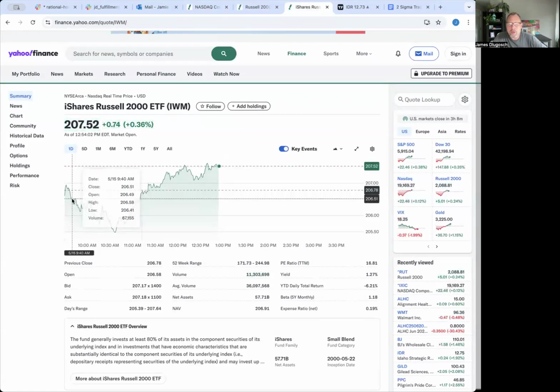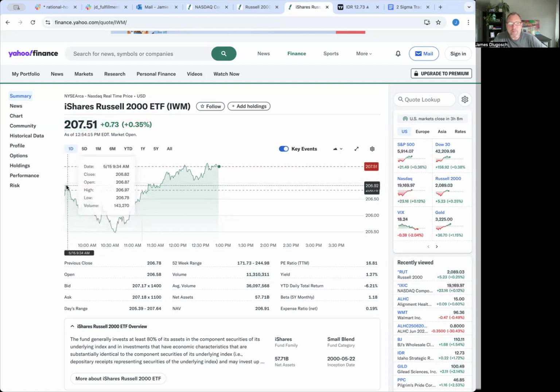Futures were pointing to a minus 10, maybe minus 15 basis point open for the IWM that really dissipated immediately.